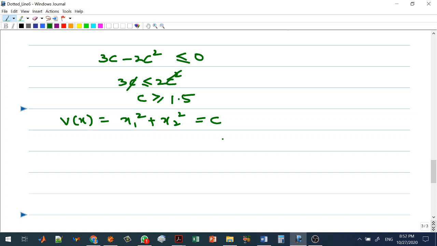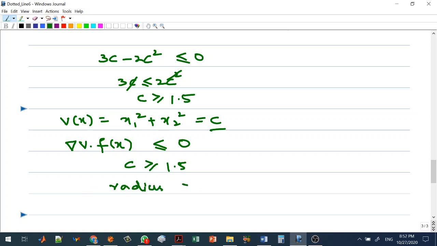So we calculated gradient of V dot f of x, and we employed this inequality to find this value of c, and we found that c is greater than or equal to 1.5. So it means that whenever we construct a circle with a radius greater than or equal to square root of 1.5, the trajectories are going to be trapped inside.